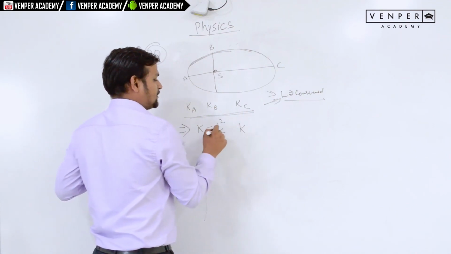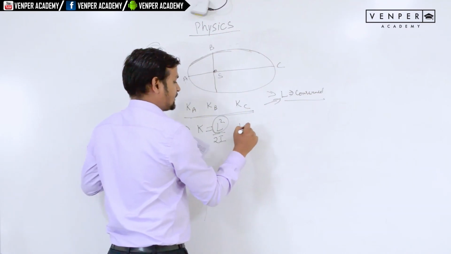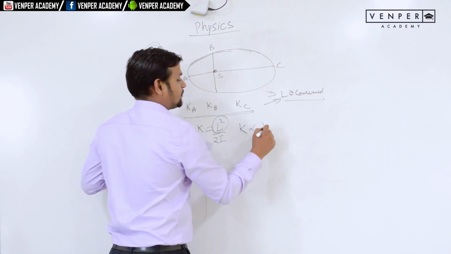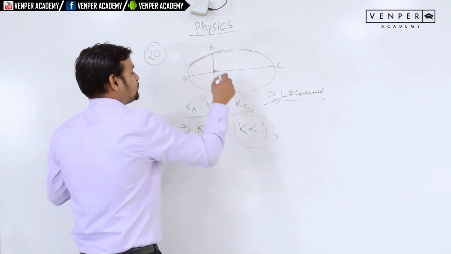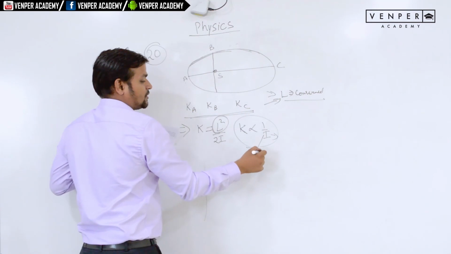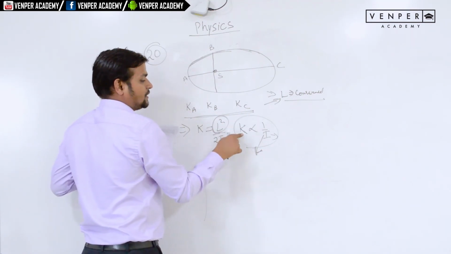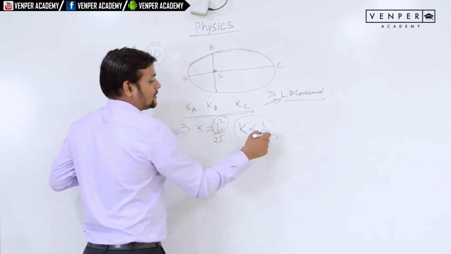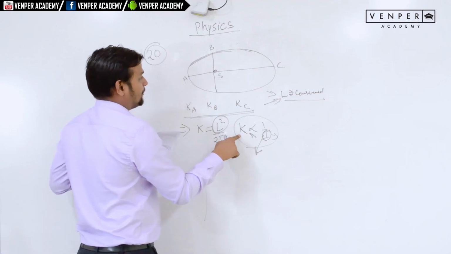So if this value is always constant, then kinetic energy K is inversely proportional to I, where I is the moment of inertia. If the value of I is greater, kinetic energy will be lesser, and if the value of I is less, kinetic energy will be more.